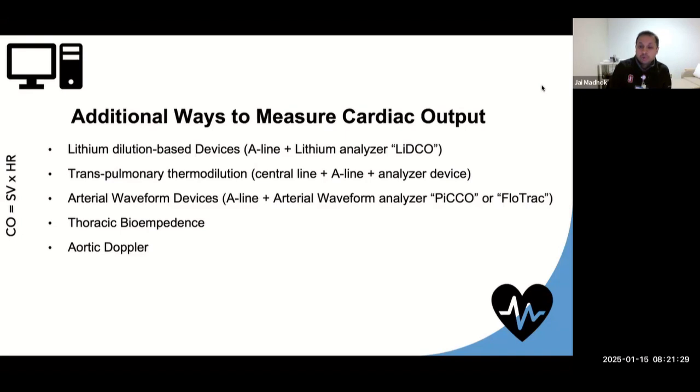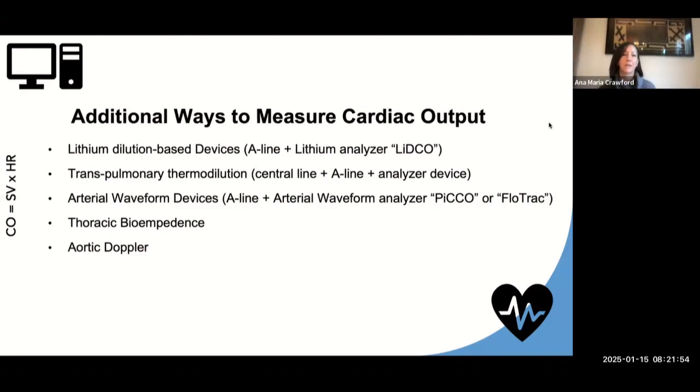And for reference, a normal velocity time integral will be anywhere between like 18.5 to 22.5. In the sick patients, usually even 15, 16 with a high heart rate can get you a reasonable cardiac output, but that's a rough number that I'm looking for. The higher, the better. I personally don't use any of these devices. I mostly use the PA catheter and the echocardiography, like in the previous two slides.